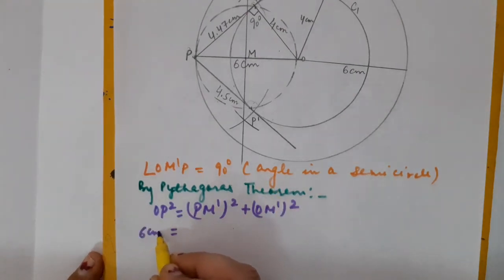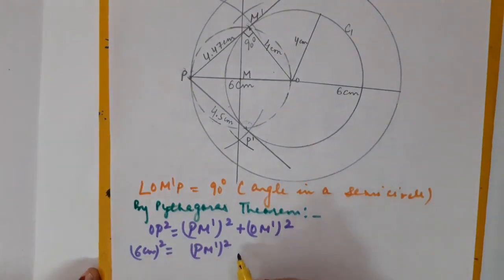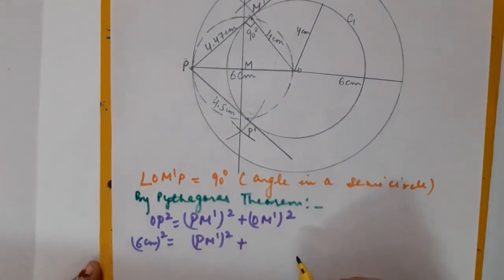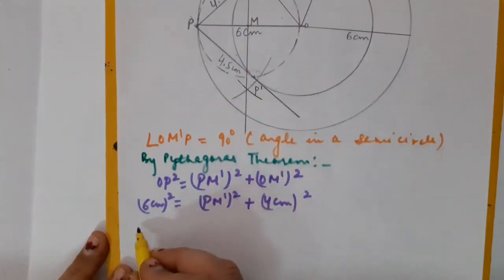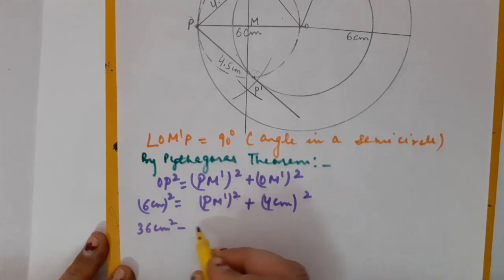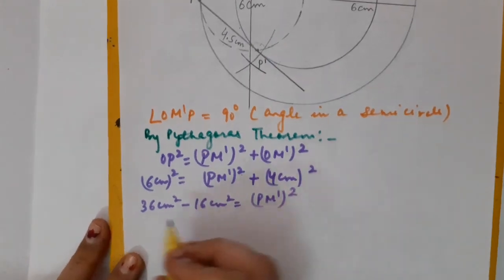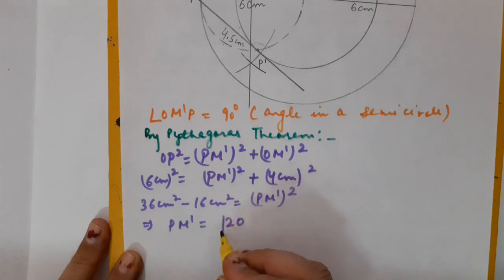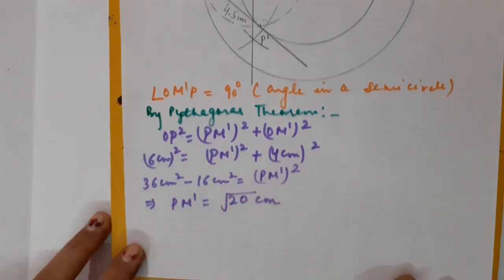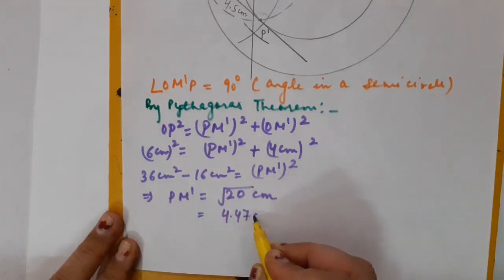That is 6 centimeter square, and PM dash is unknown to us, though we have found it by measuring with the scale, but we are going to calculate it using actual calculation also, and OM dash is 4 centimeter square. So it becomes 36 centimeter square minus 16 centimeter square is equal to PM dash square. Correct? So PM dash is equal to root 20 centimeter. When I calculated root 20, I got the result as 4.47 centimeters.